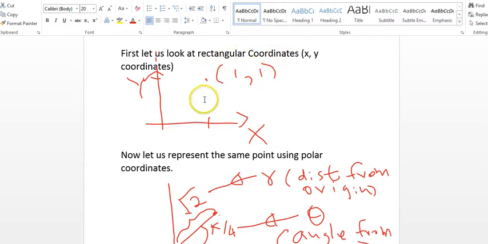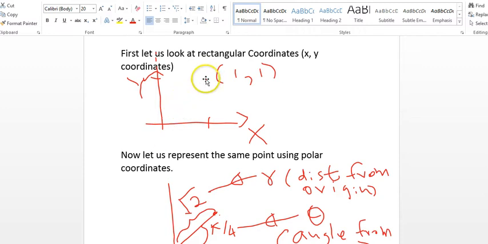What we do is this: we join the origin to this point by a ray, by a line, and then we take the length of this line as the polar coordinate r, the first polar coordinate, and then we take the angle that this line makes with the x-axis as the second polar coordinate.